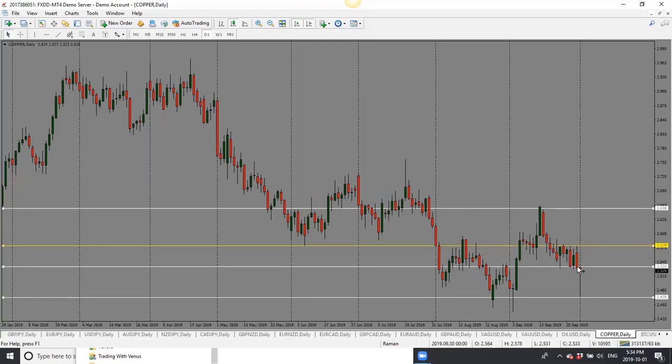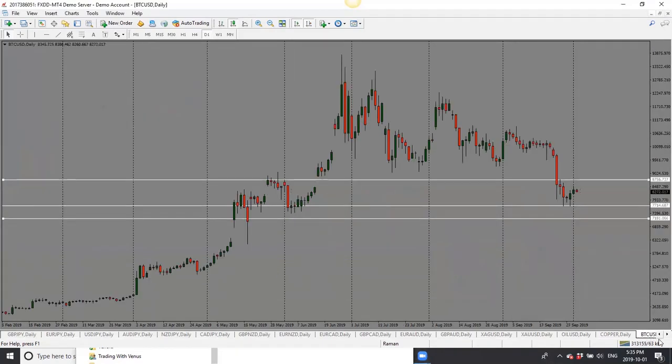But if price stays below today's high, then I will look for price to drop further and come back down here. Now, should it go through, then I'm looking for a move back into this previous level at 2.57. So at this point, I am going to wait and see. So neutral bias for copper.